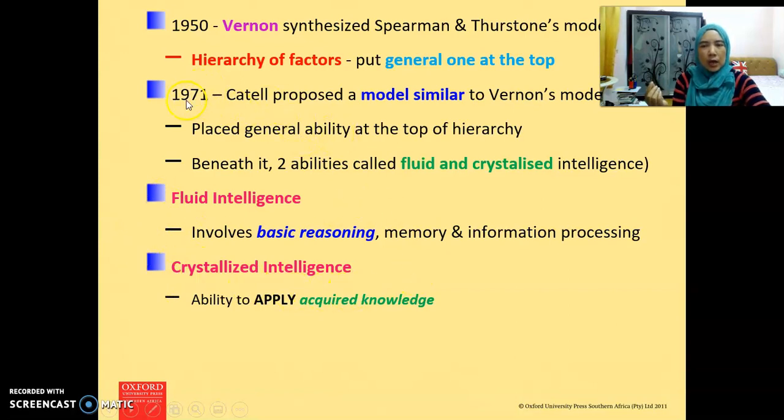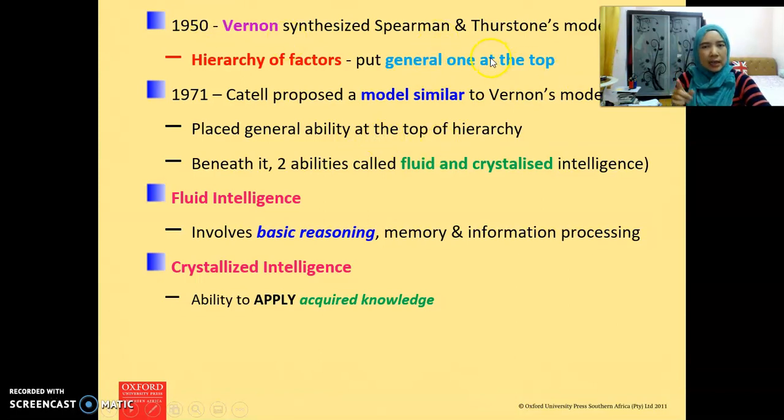In 1971, Cattell, another theorist, proposed a model similar to Vernon's model of intelligence, but placed general ability at the top of the hierarchy instead of the general one.